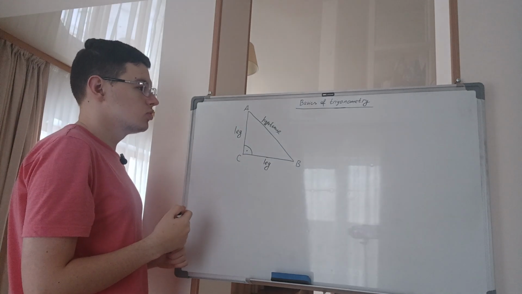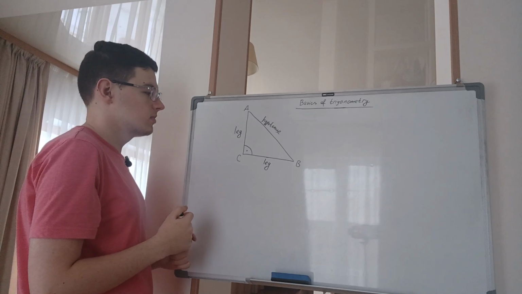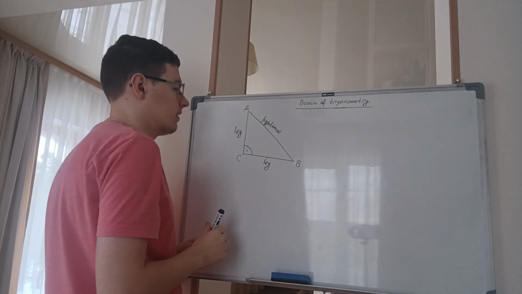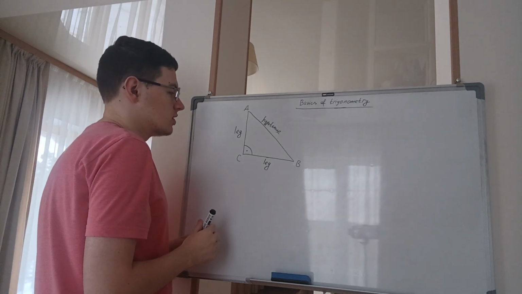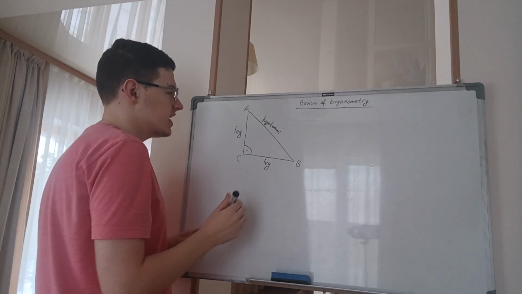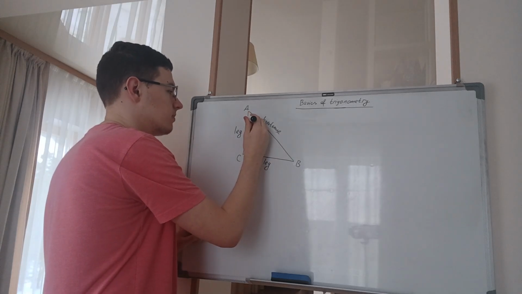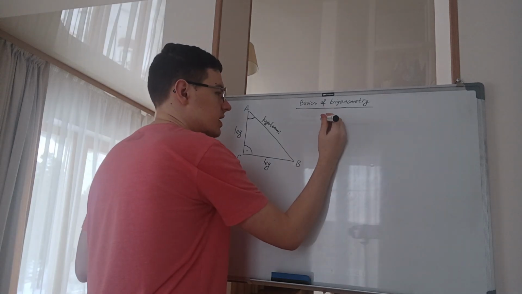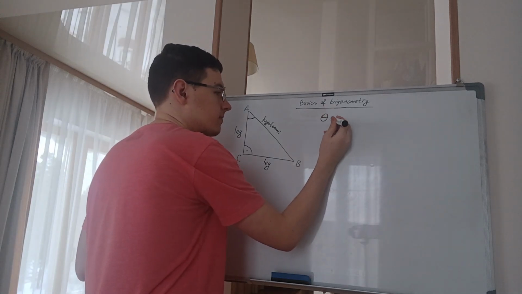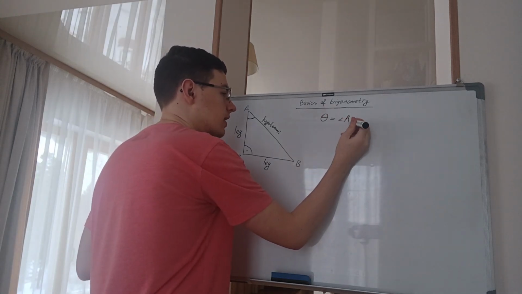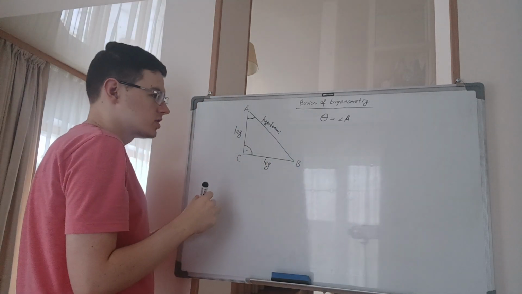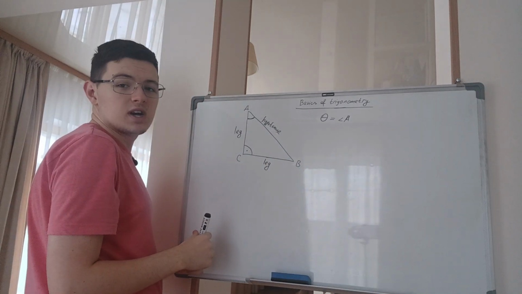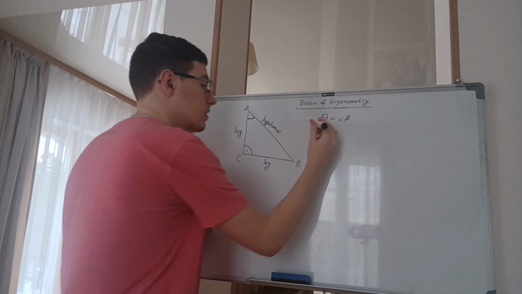Let's get to know some functions in trigonometry that are so important. So assume that we've taken the angle A. Let's declare some angle theta, which equals angle A. So here we have such trigonometrical functions.